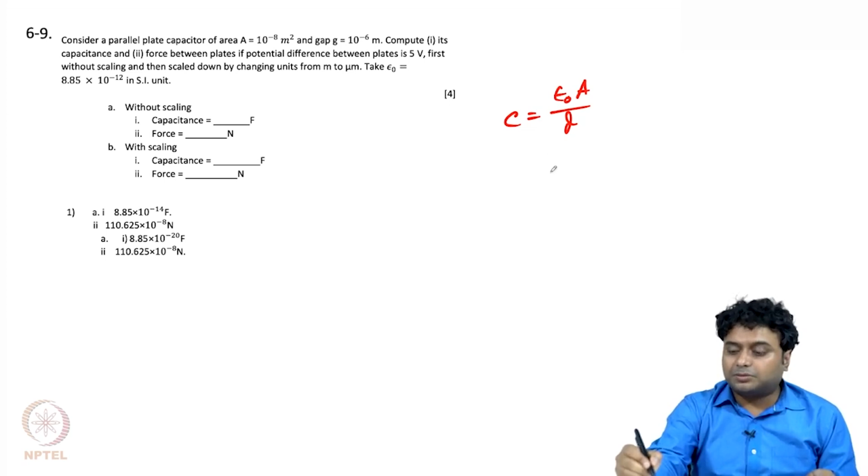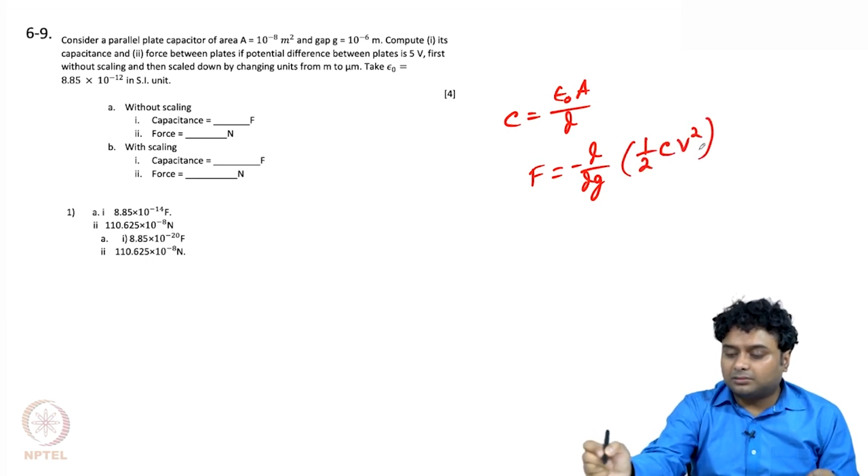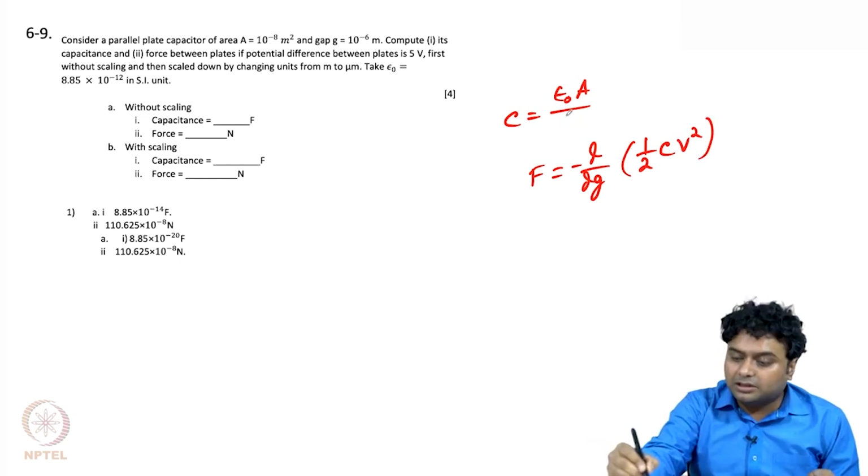So C equals epsilon A by D, and force is equal to minus dG/dg, where G means the energy stored in the capacitor, and that is equal to half C V square. Let's write the gap also as g.